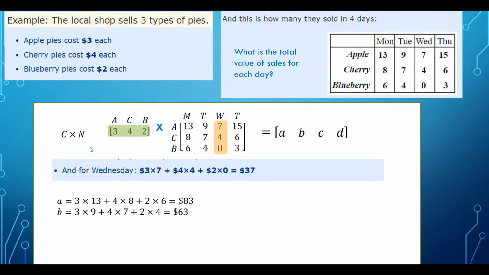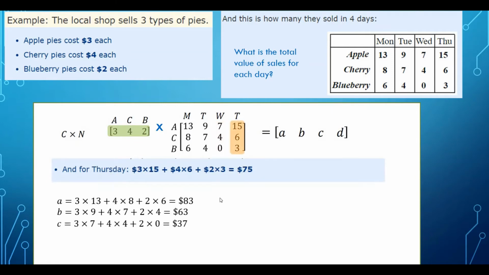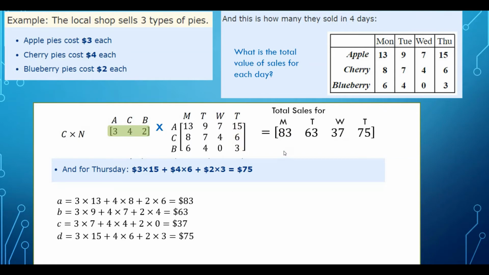Wednesday's is first row, third column, so I'm multiplying the value of each pie with the number of pies sold on Wednesday, and same again for Thursday. So this gives me my total sales: on Monday the total value of the sales was $83, Tuesday $63, Wednesday $37, Thursday $75.